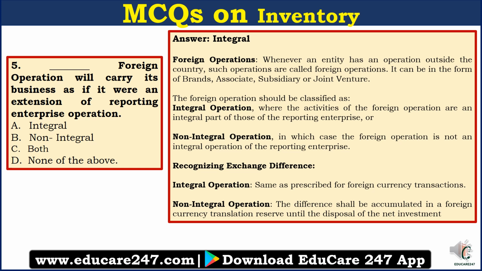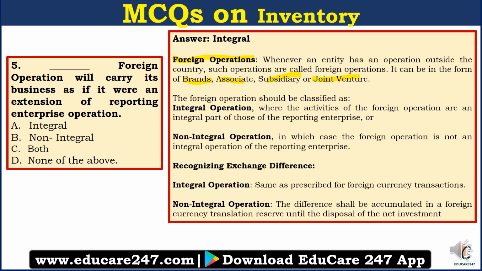Now to understand the answer, we have to understand the concept of foreign operations. See, in the previous questions, we discussed the exchange difference on foreign transactions, right? When a company enters a transaction in foreign currency. But what if a company has a branch, associate, subsidiary, or joint venture in a foreign country?